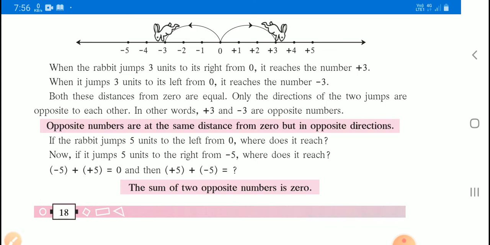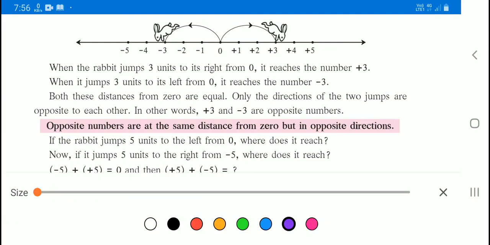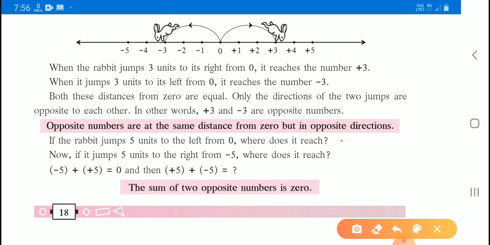If the rabbit jumps 5 units to the left from 0, where does it reach? Left will be there. It will reach negative 5. Okay. Now it jumps 5 units to the right from negative 5. Where does it reach? Look, from negative 5, 5 units right side means plus 5.